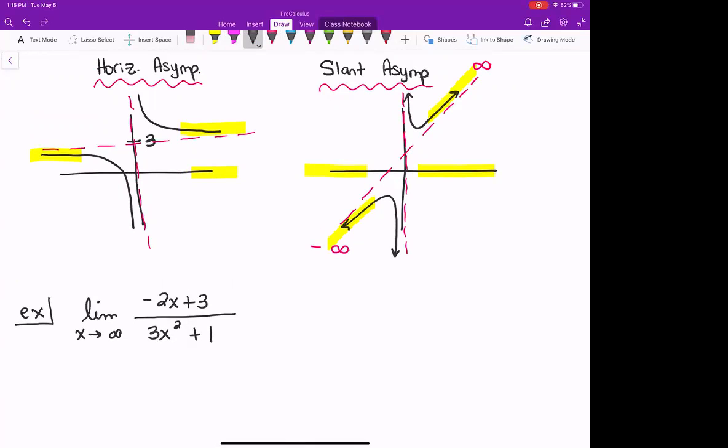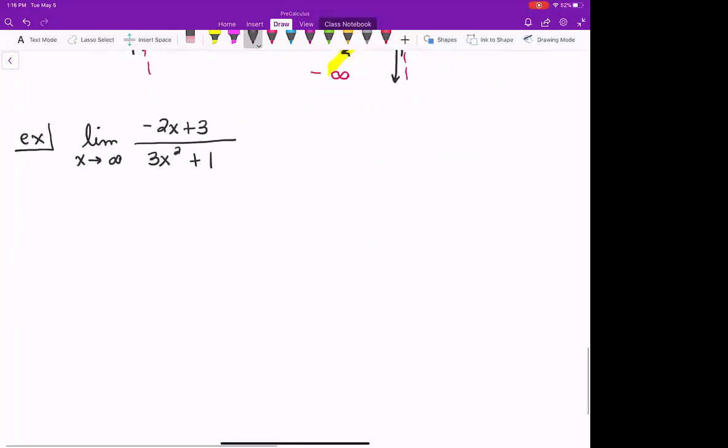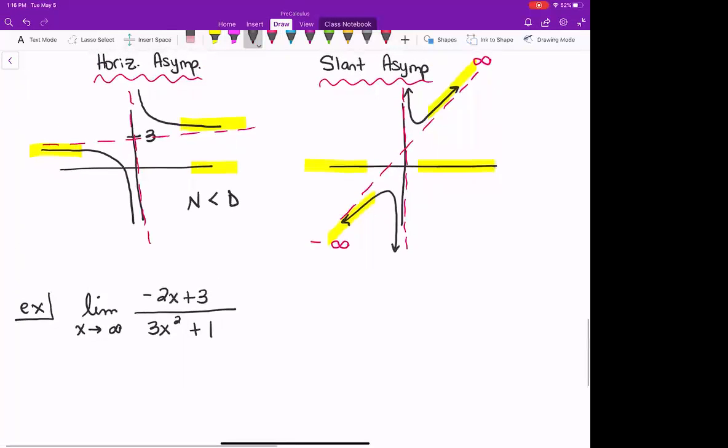So there were 3 things you had to look at. If the degree of your numerator was smaller than the degree of your denominator, then you had a horizontal asymptote of y equals 0.